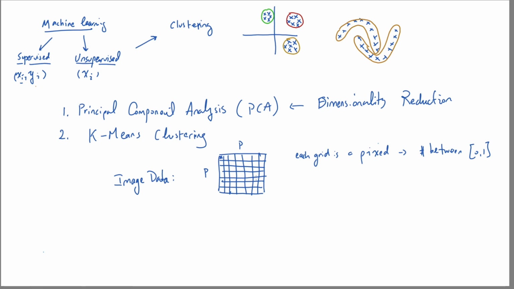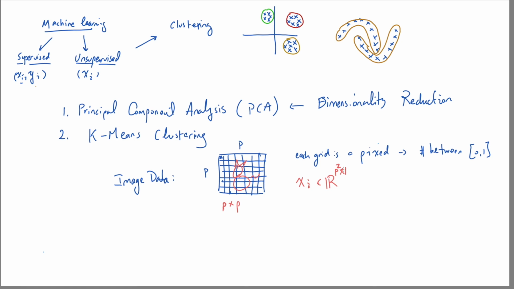One image, let's say an image of a cat, we'll call this xi. If we were going to flatten this image out, this is a p by p image, but if we think of this as a vector, as each data point is usually thought of, then this would be a p squared times 1 vector.